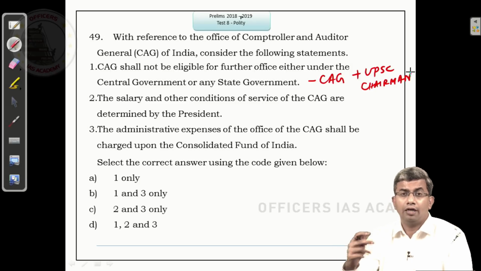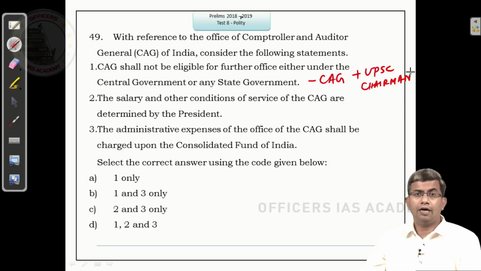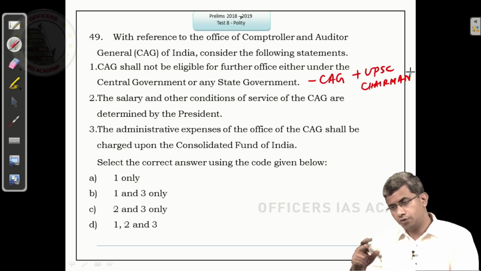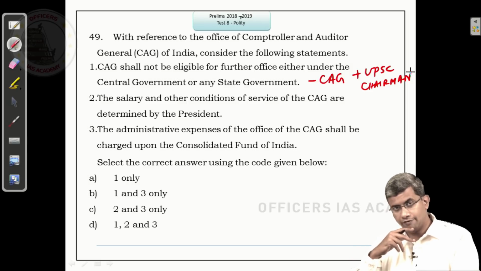That is just to maintain absolute independence. They should not go and seek any government job either from the center or the state post retirement, so that they can act independently when they are discharging their functions as the CAG and the chairman of UPSC. So they cannot have any employment under the central government or any state government.